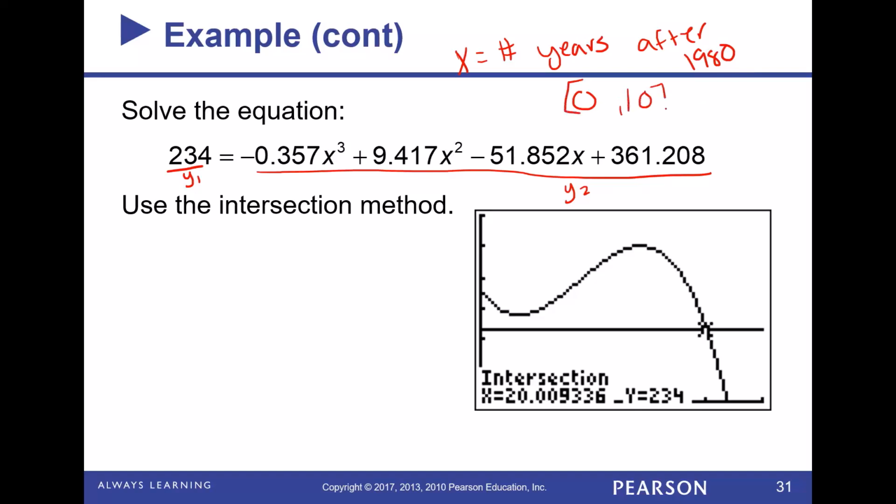And then for my Y values, I would have started with Y min being 0, and then I would have switched Y max to about, say, 300. Now, why did I say 300? Because this right here was 234. So I have to be bigger than it so I can see above that line.